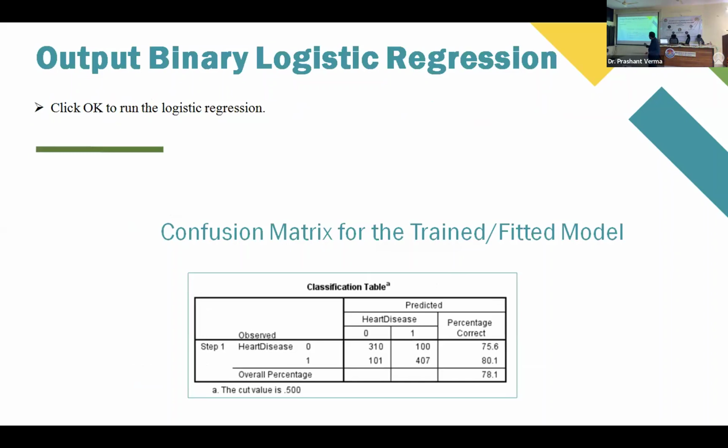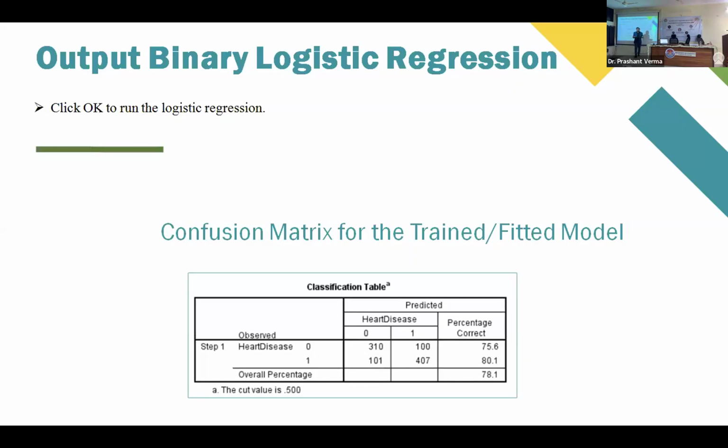And what do we see? Suppose these are our predicted outcomes that our model is predicting, 0 and 1. 1 means the person is having heart disease and 0 means not having heart disease. These are the observed values.